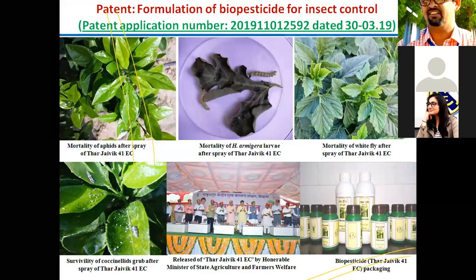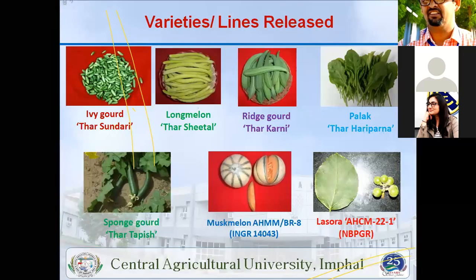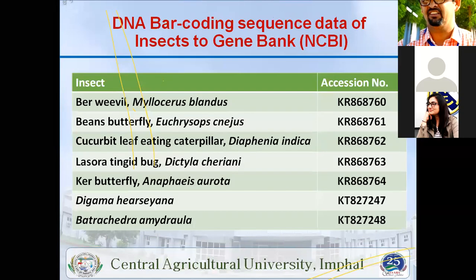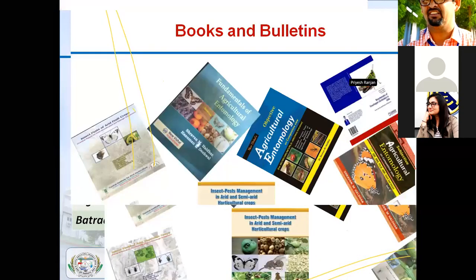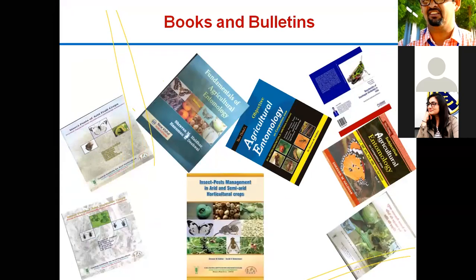We have already applied for a patent. It is effective against Helicoverpa armigera and whitefly. You see the condition of the mortality. It also controls aphid, jassid and whitefly. We have also released, in the last 10 years at the institute in ICAR, some varieties that are resistant to insects. Then we are also developing some barcoding, and we have also published some books related to research.